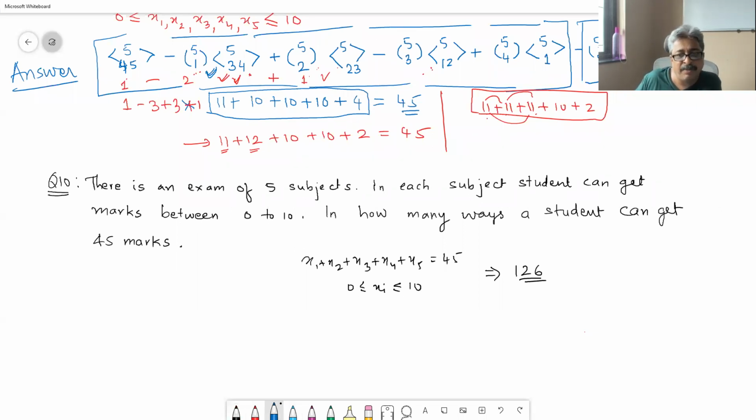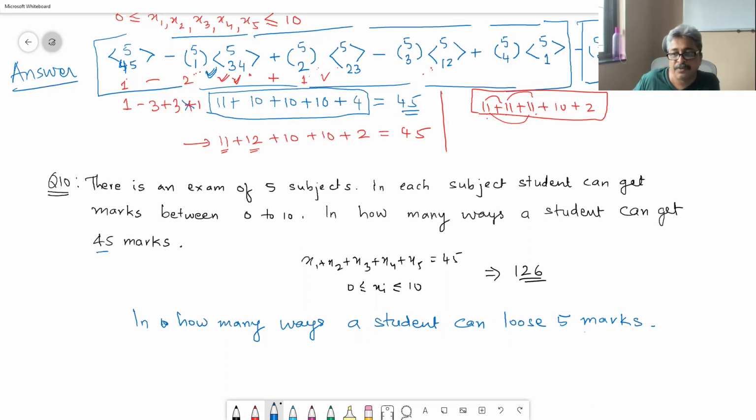We can solve this problem in a little different way. In how many ways can a student lose 5 marks? See, he is getting 45.